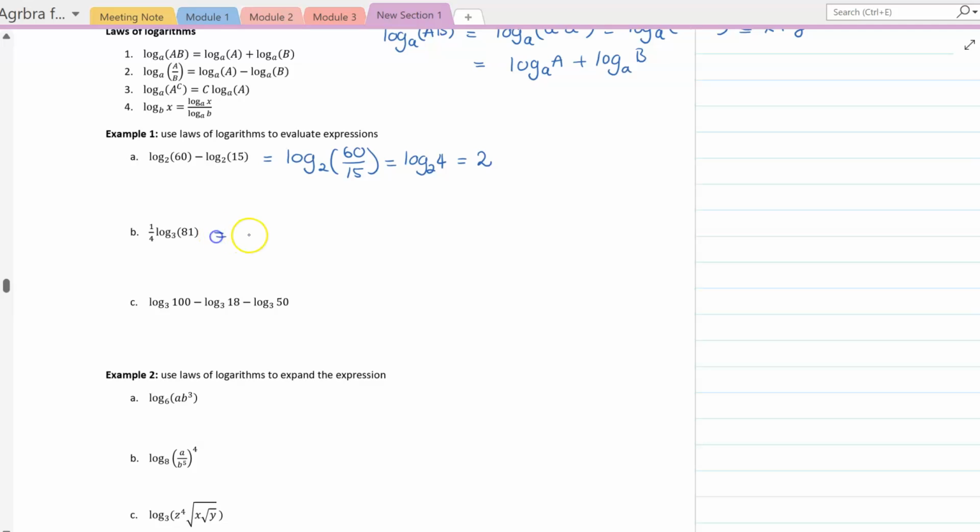I can use the law of exponents to rewrite this as log base 3 of 81 to the 1/4. Let that equal y, maybe it's easier for us to see. 3 to the y is equal to 81 to the 1/4. 81 is 3 to the fourth.